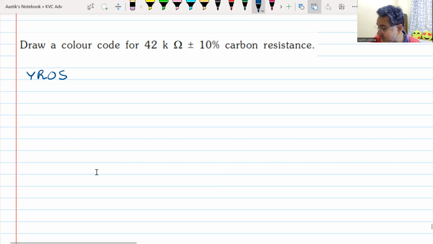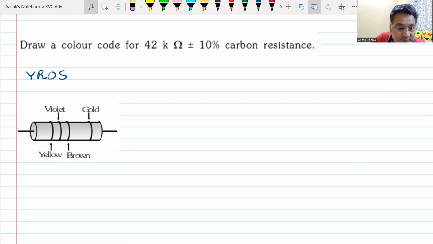What is the resistance of this one? Into 10 power 7.